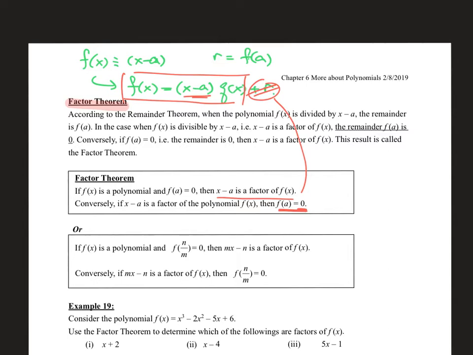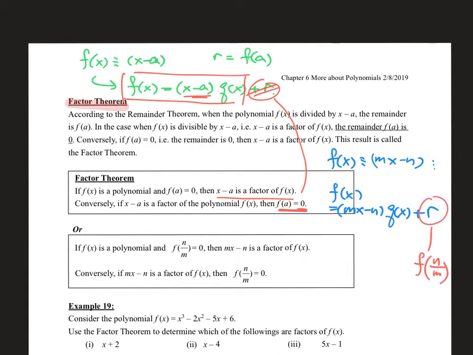Similarly, now we have n over m. So what does that mean? When you have f(x) divided by mx minus n, you can present it as f(x) equal to mx minus n times a quotient, plus a remainder. And this remainder can be obtained by f(n/m).